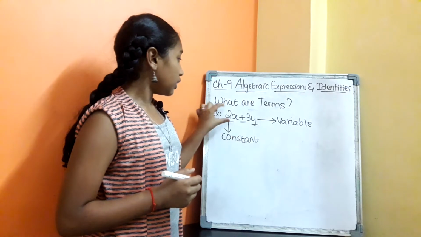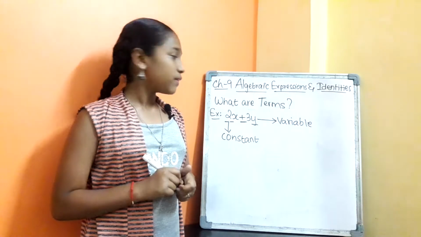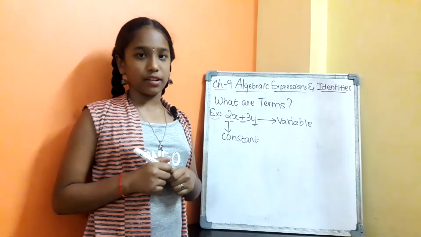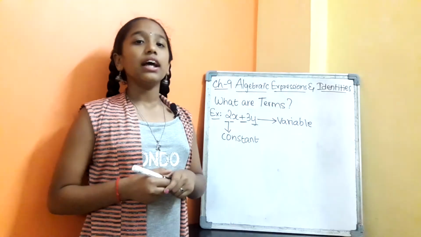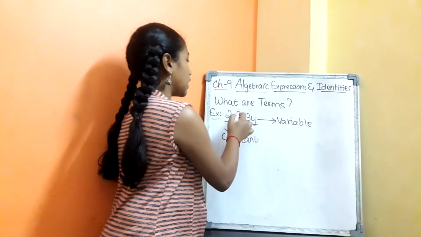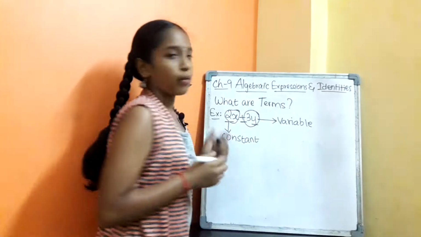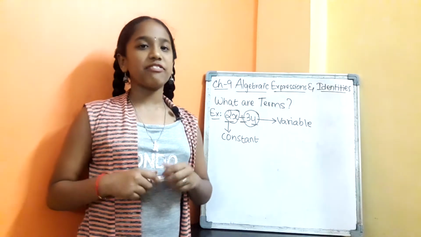The value before the numerical operation is one term and the value after the numerical operation is another term. Means in this expression 2x plus 3y there are two terms. One is 2x and 3y.